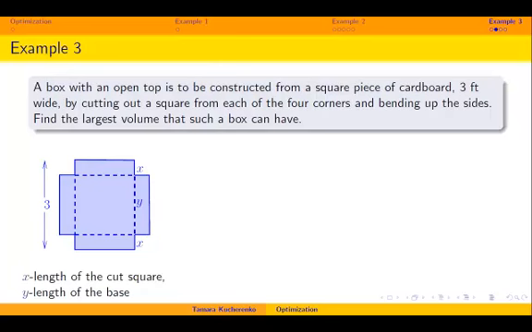Let's denote by x the length of the cut square and by y the length of the base. Since the length of the side of the cardboard is 3, 2x plus y must equal 3.